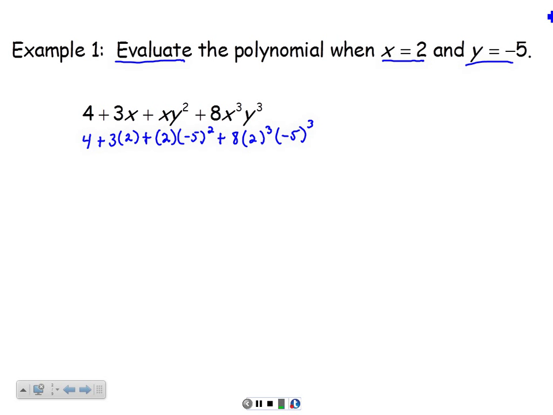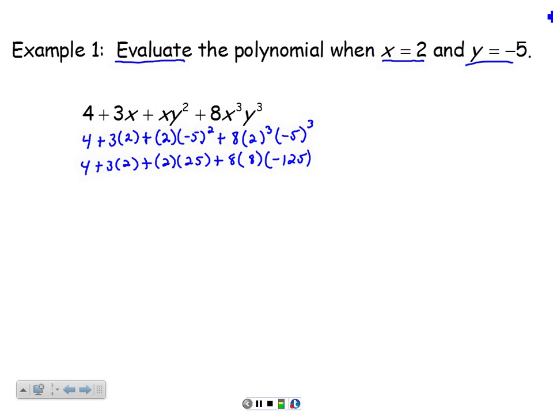From here, we're going to do order of operations, which tells me to do the exponents first. So we're going to have 4 plus 3 times 2 plus 2 times -5 squared, which is going to be 25, plus 8 times 2 cubed, which is going to be 8, times -5 cubed, which is going to be -125.